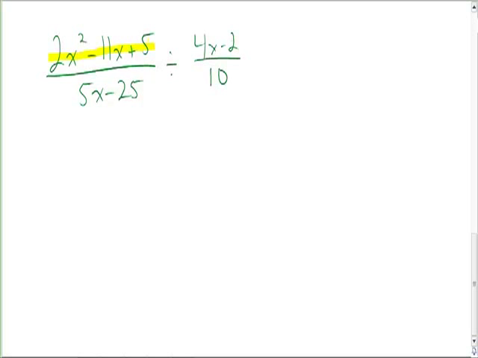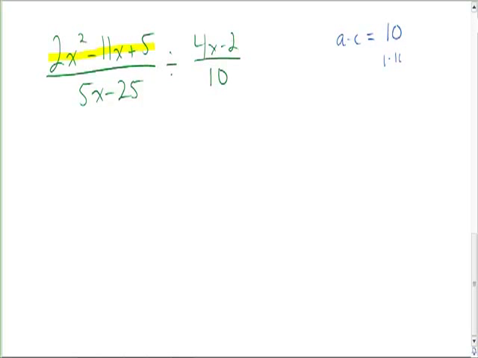You've got a trinomial, you've got a leading coefficient that's a 2, and there's no GCF I can factor out. That tells you you're going to factor by grouping. So let me just come over here to the side first, and let's look at that before I do anything else. So we've got a times c, which is 2 times 5, which is 10. So now I need to take 10. What makes 10?